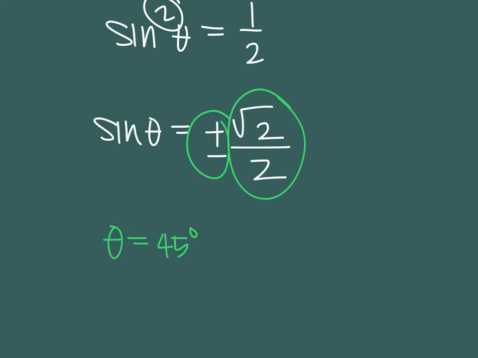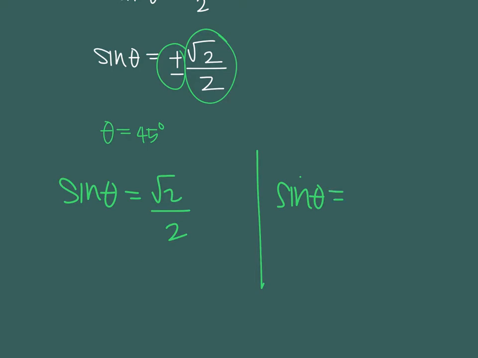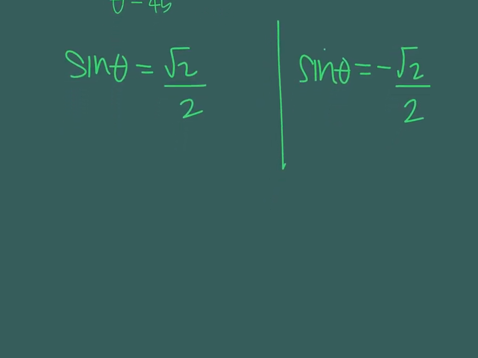So we could break down sine theta into square root of 2 over 2, the positive, and sine theta in which it is negative square root of 2 over 2. From 0 to 2 pi, there are two values in which sine theta is square root of 2 over 2. First, what is the first one? 45. Immediately it must be 45.